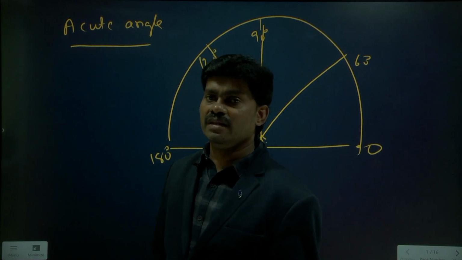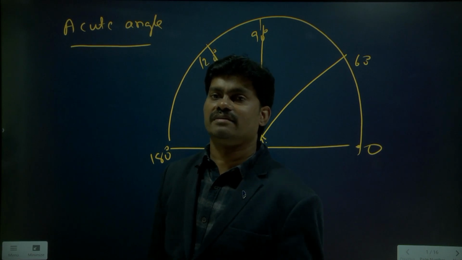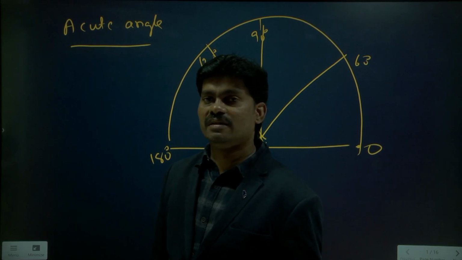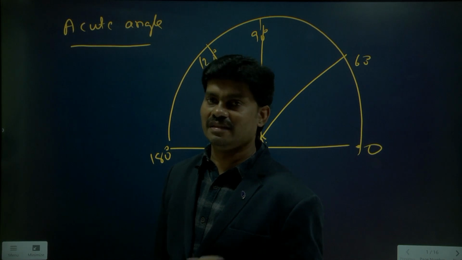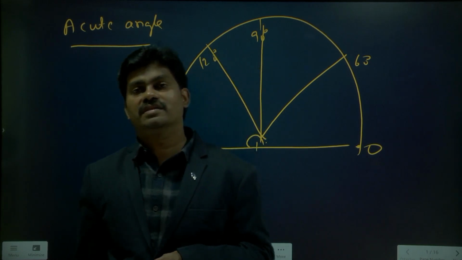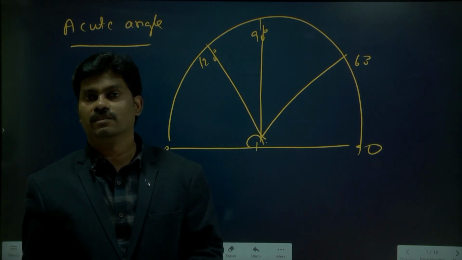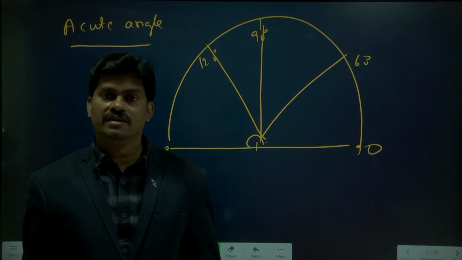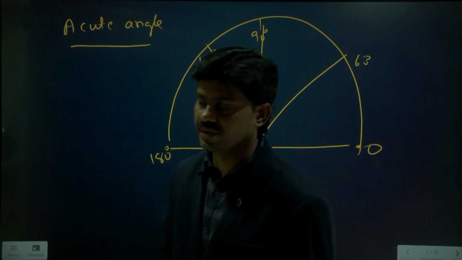Acute angles: the region in between 0 to 90 degrees, meaning more than 0 degrees and less than 90 degrees. The value or magnitude of an angle which is less than 90 degrees and more than 0 degrees is called an acute angle.